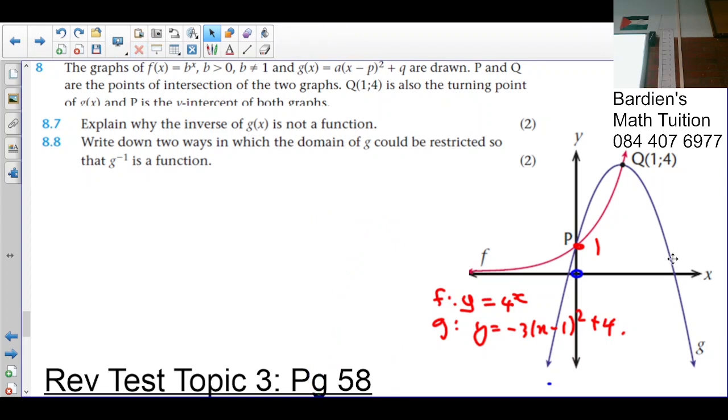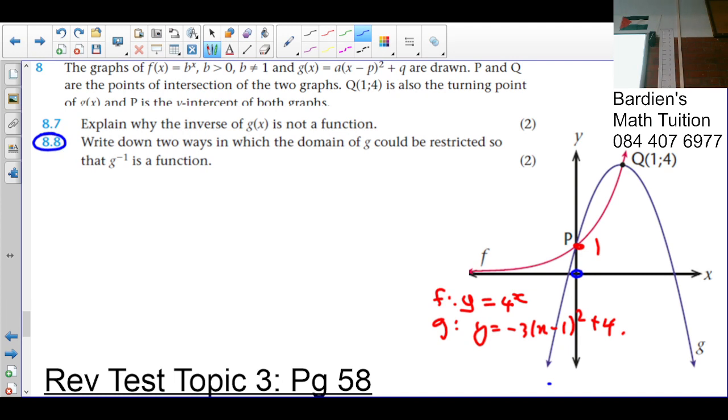We must explain why the inverse of g, which is the parabola, is not a function. So why is that not a function? It does not pass the vertical line test. That's your answer. And what type of relation is that? One to many. Okay?